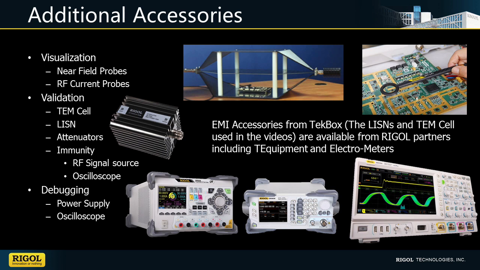Additionally, we used a number of different instruments, including our oscilloscope for functional tests. We used a linear power supply, DP800 series, to handle many of our power emulation modes. We used a DSG800 signal generator to put out our susceptibility signals for immunity testing. And we also used a DL3000 series electronic load to draw power out of our switching power supply when we were testing its conducted emissions.